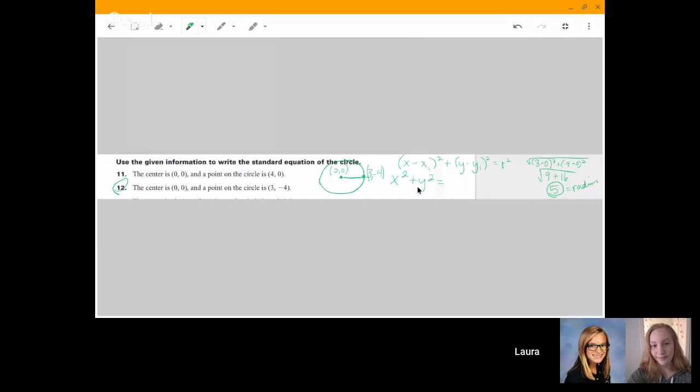Then to plug it into the equation, you need to square it. So it'd be x squared plus y squared equals 25. So if they don't tell you the radius, you have to find the radius using distance. Okay, thank you. You're welcome.